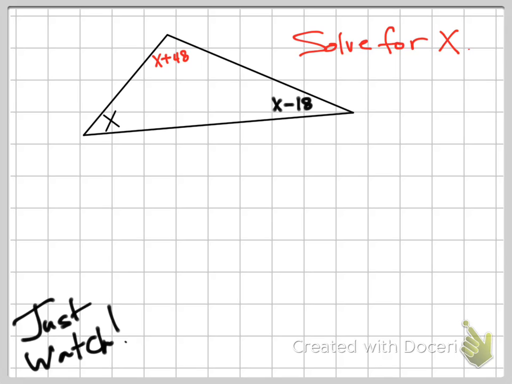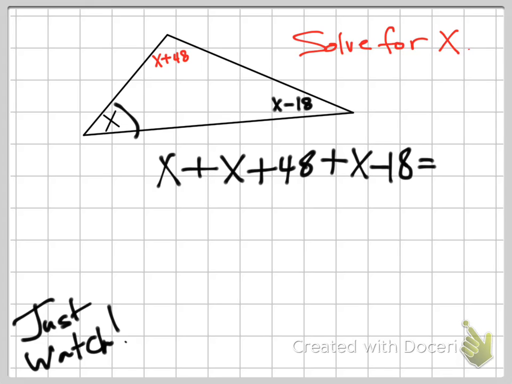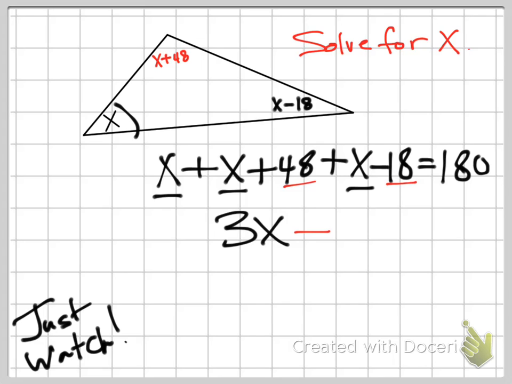Alright, just watch. Let's try a British accent. So we're going to add up x. This angle plus this bloody angle plus this bloody angle, and it has to all equal 180. So then you combine your bloody x's, that's 3x, and then you combine your numbers, that's 30, because that's negative 18 plus 48 is 30, equals 180.